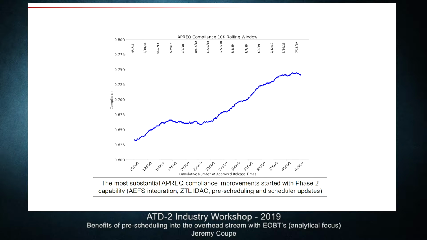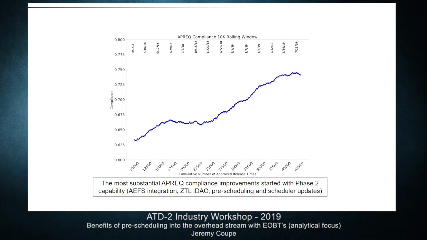So again, the horizontal axis here is now the cumulative number of APREQ flights. And what you're seeing here is a rolling average of the last 10,000 APREQ flights.